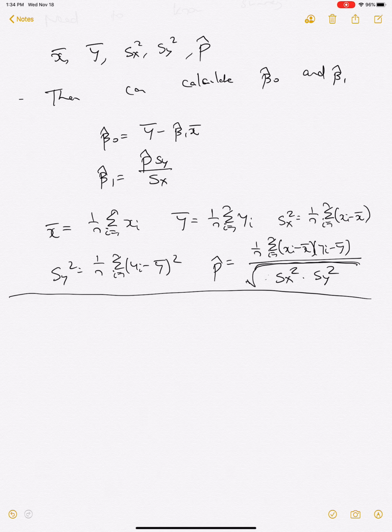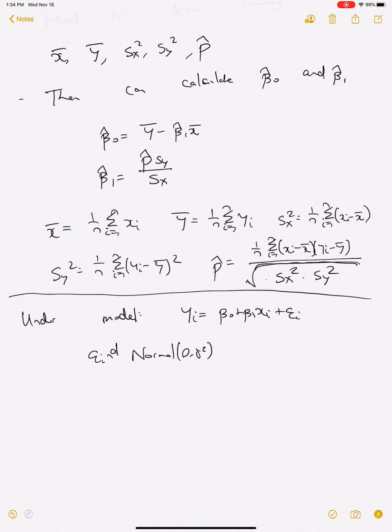The next thing I want to quickly point out is that we haven't actually used the fact that the epsilon i's are normal, or independent for that matter, anywhere so far.